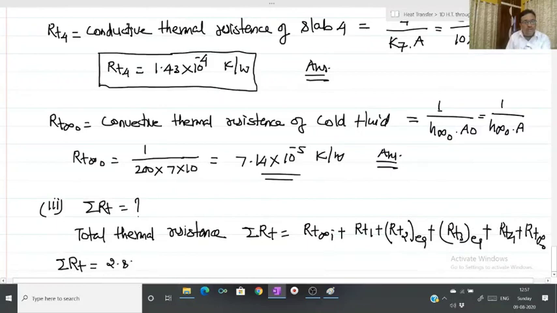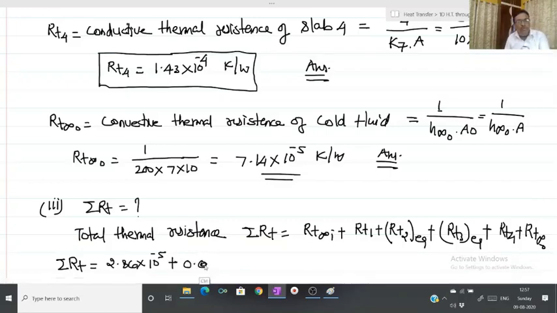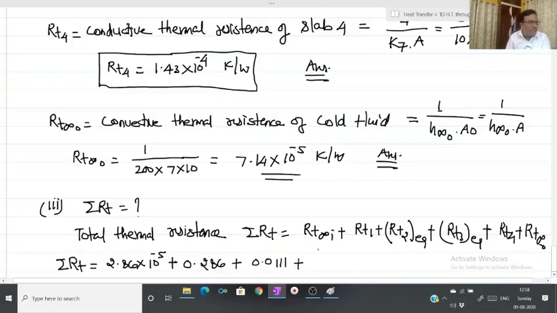RT1 is 0.286. RT2 equivalent is 0.0111. RT3 equivalent is 1.190 into 10 to power minus 3.